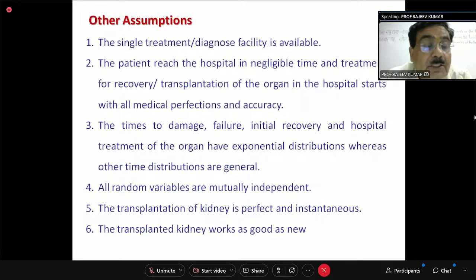And we have taken the stages of the system from a medical report, and observing the systems, we have taken these constant rates of failure, constant rate of damage, and constant rate of recovery for that particular system. If real data is available, you see, I have not mentioned that real data is available to us. If real data is available, then of course we can verify whether this rate is constant or not. Is this exponential or not?